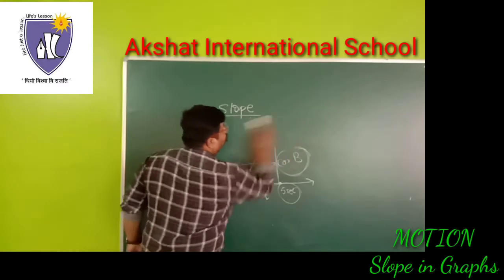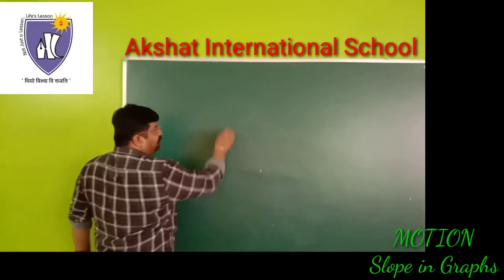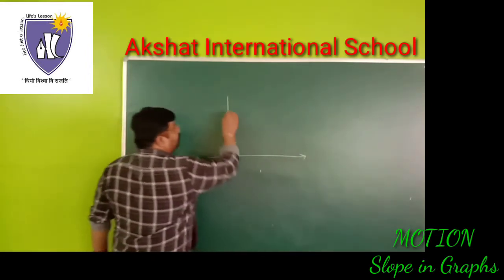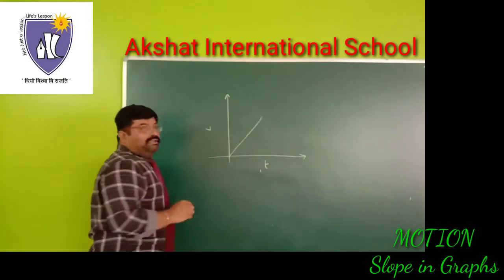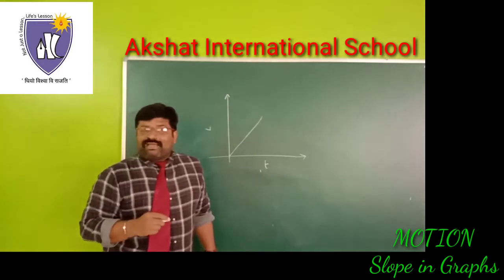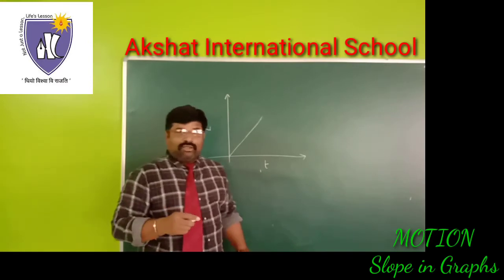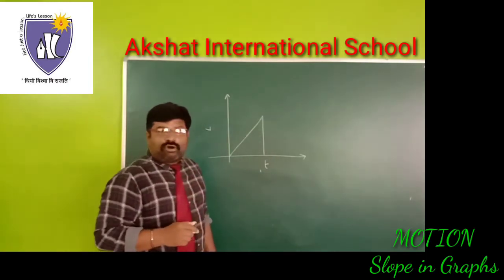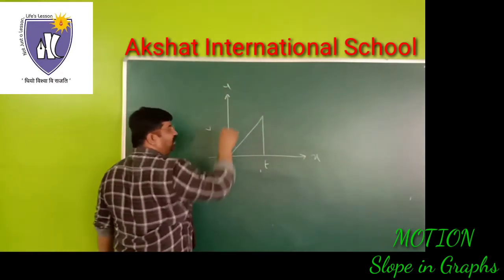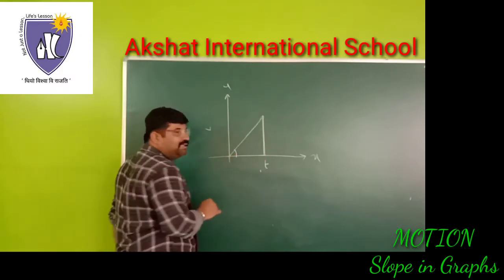Now, suppose I have a velocity time graph. Suppose I have this straight line inclined to the time axis. We all know this represents uniform acceleration, isn't it? If I draw a perpendicular on the x-axis, then to find this slope I will take the ratio of perpendicular and base.